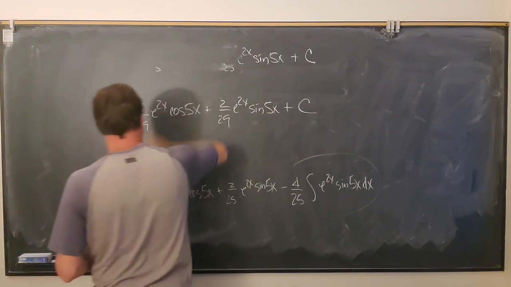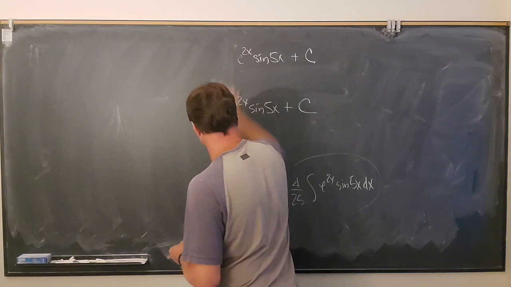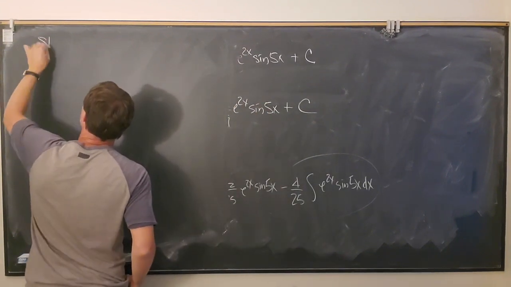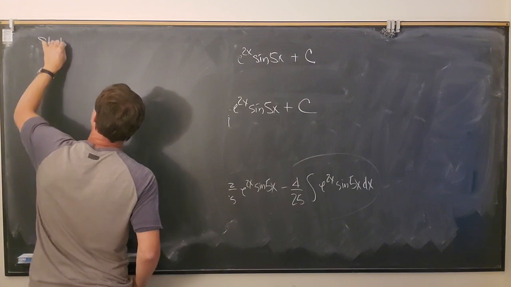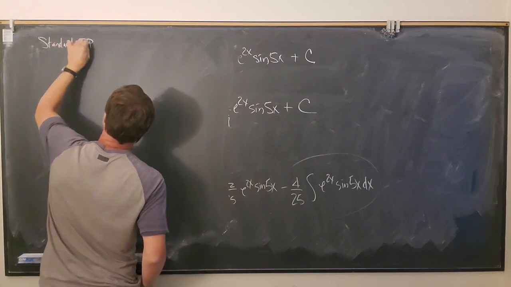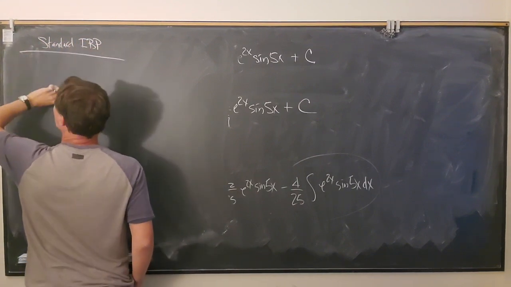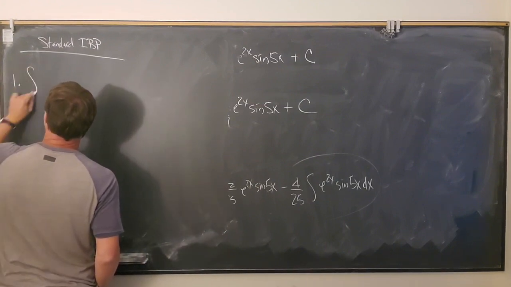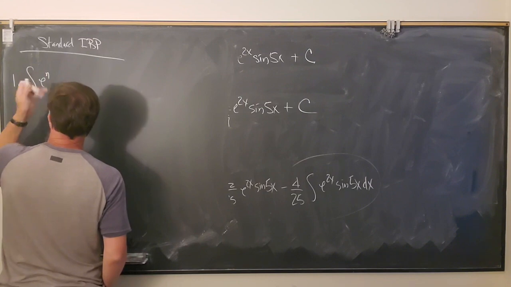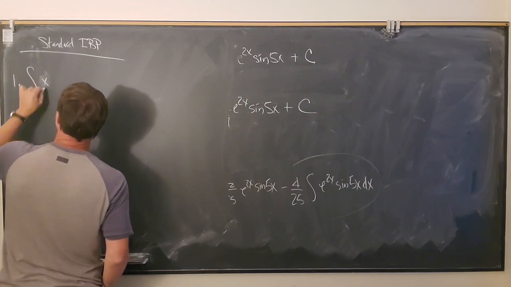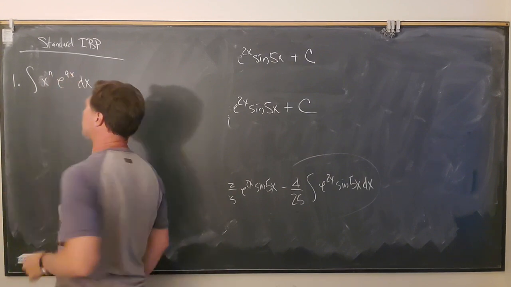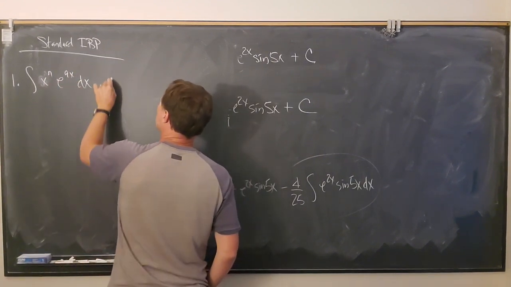So let me write down the 4 standard integration by parts problems. Let's say standard integration by parts. So the first one, I guess I did polynomial times exponential. Right? What's the right choice?